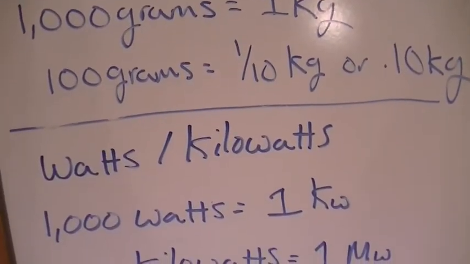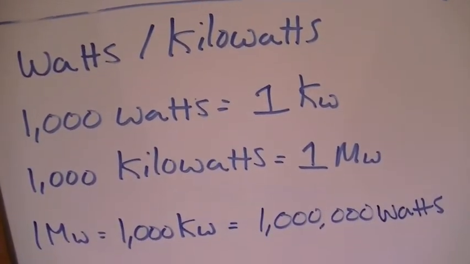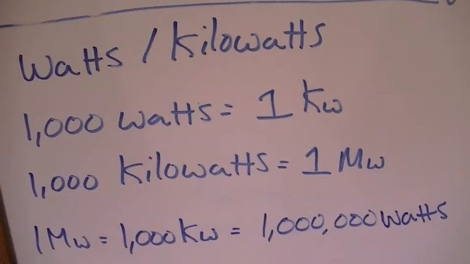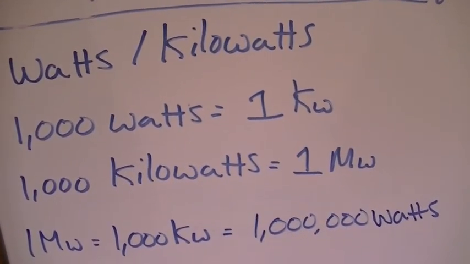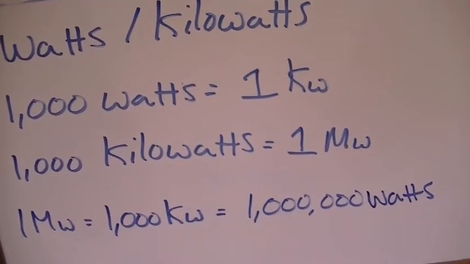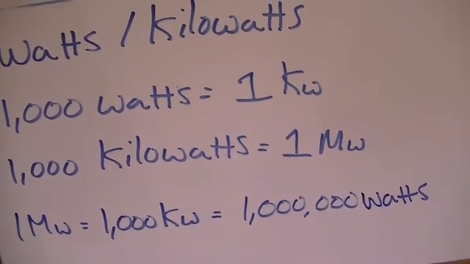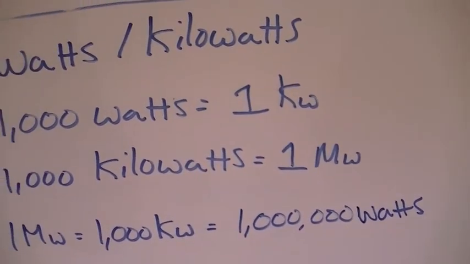Watts and kilowatts, which refers to electricity, right? 1,000 watts is equivalent to 1 kilowatt. 1,000 kilowatts is equivalent to 1 megawatt, which is MW. Therefore, 1 megawatt is equivalent to 1,000 kilowatts, or 1 million watts of electricity.